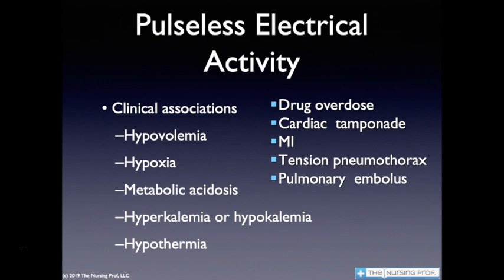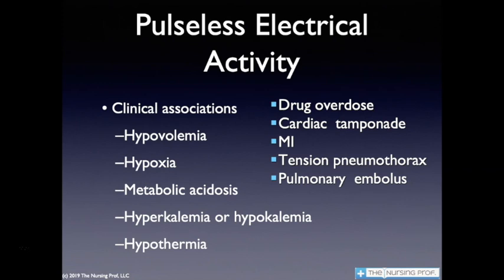A cardiac tamponade, for example, where we have so much blood in that pericardial sac that we're compressing the heart, and now the heart can no longer contract. We still have electrical activity. The electrical activity is still going, but we can't contract because there is too much pressure around the outside of the heart from that tamponade.